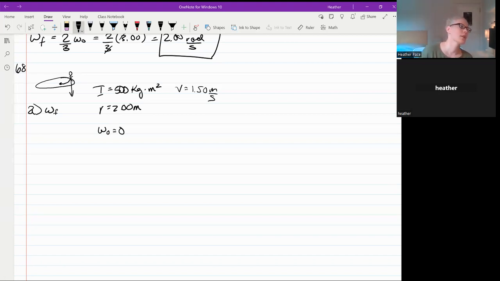Let's look at the equations that we know. We have a disk. So looking up the moment of inertia for a disk, we have this. We are going to look at, again, conservation laws, and we can say that angular momentum is going to be conserved.